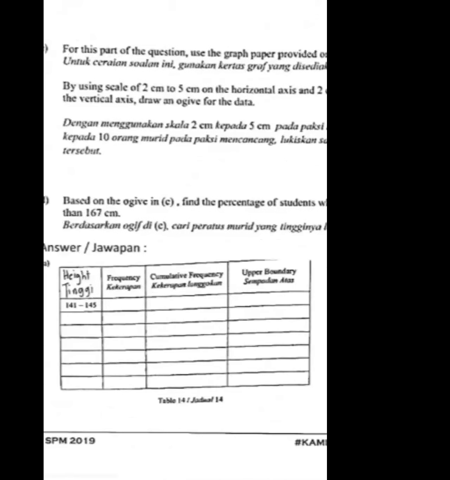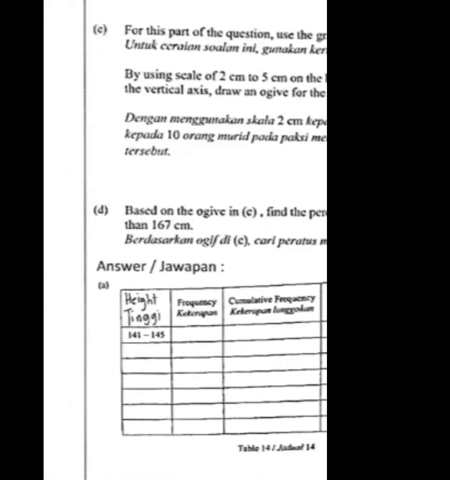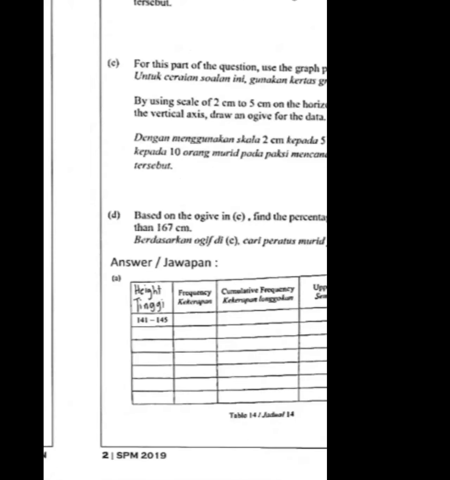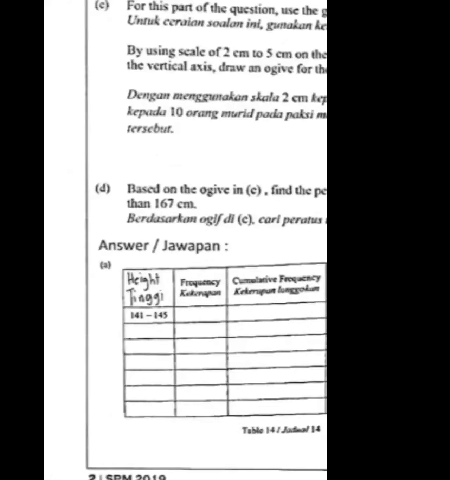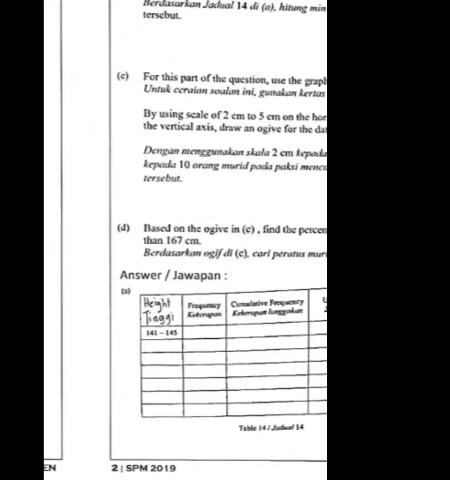For the upper boundary, it's quite easy. For the class interval of the height, you look at the biggest number, not the 141 but the upper one, which is 145.